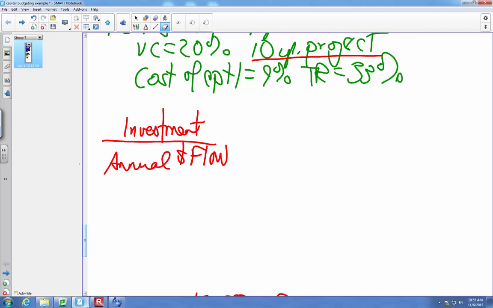So here's your formula. Get me a number and then I'll show you how to go to the tables with it.